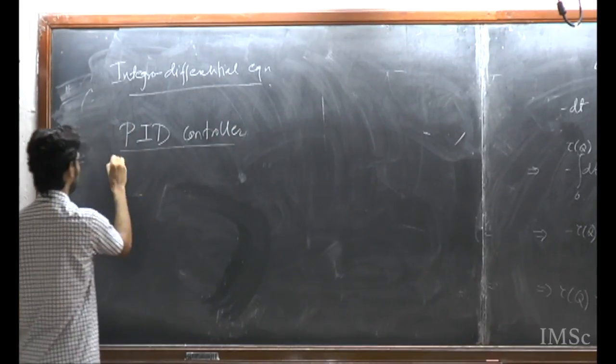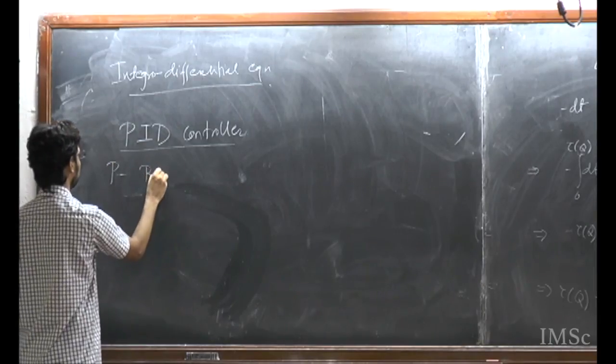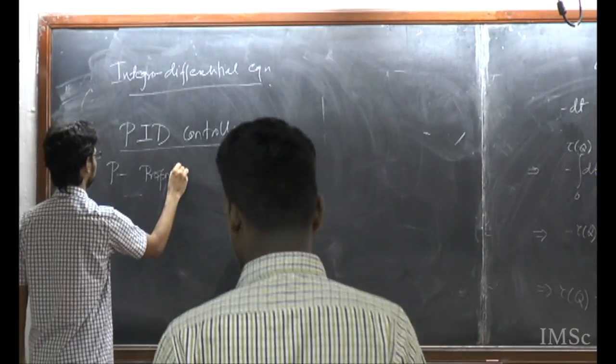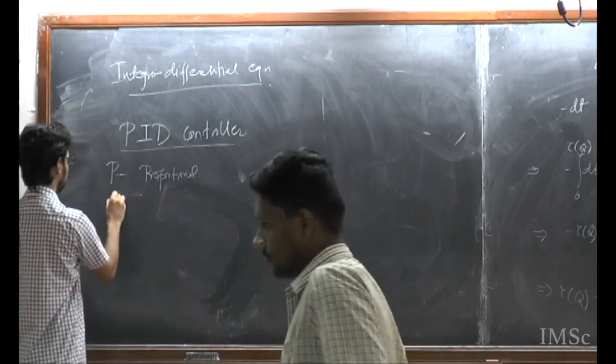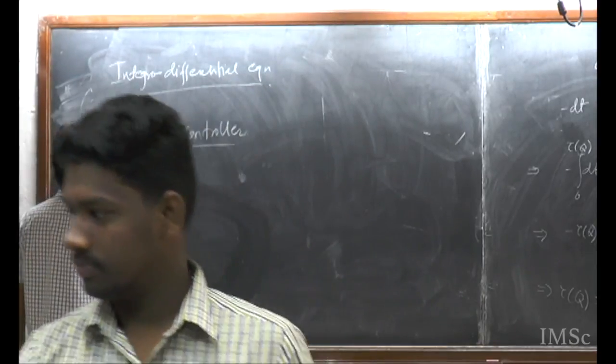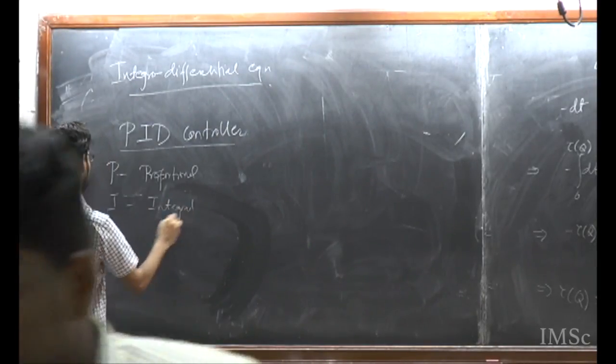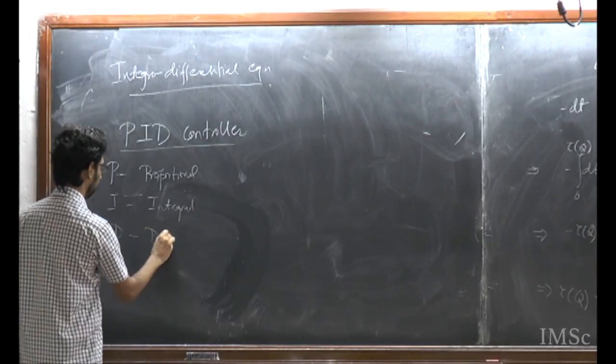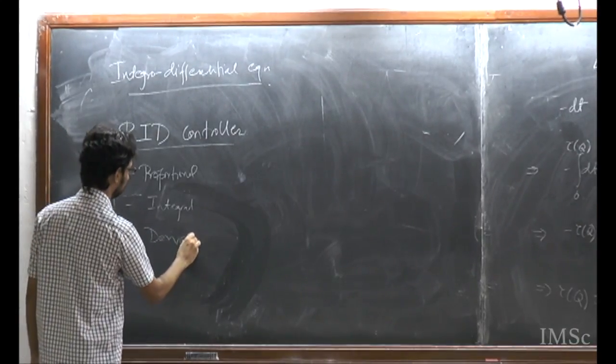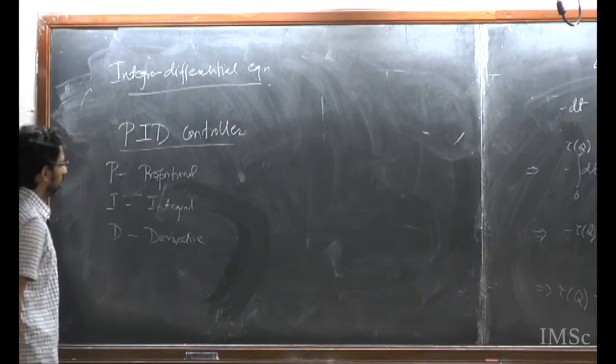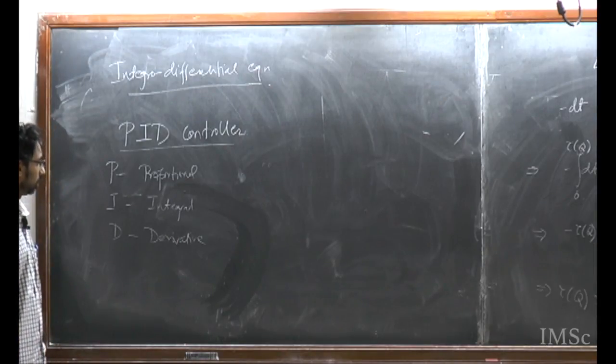P stands for proportional, I stands for integral, and D stands for derivative or differential, what you want. So proportional integral derivative controller.